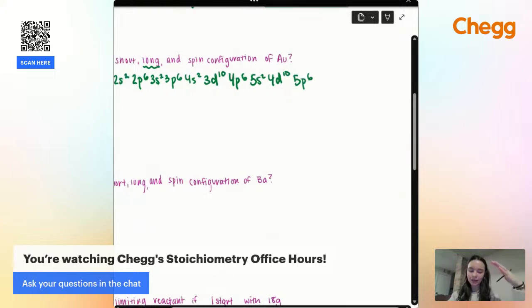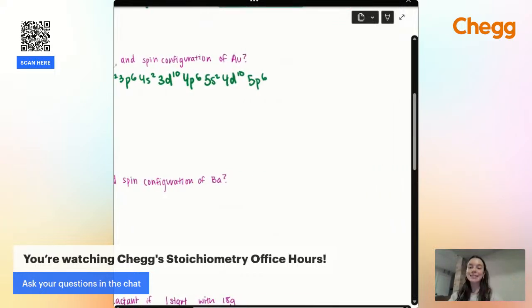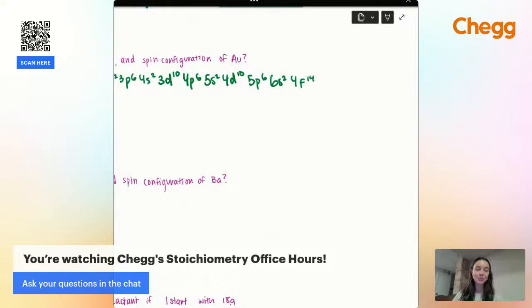We go down another row. We are at 6s2. Then we're at 4f14. That's a really weird one. 4f. So again, just like that d orbital, it's going to go down a number from the d orbitals. Don't know why, but it's like a little stair step. Something to do with energy levels. And then we're finally almost to that gold.